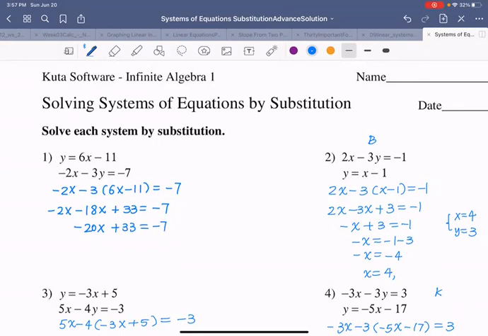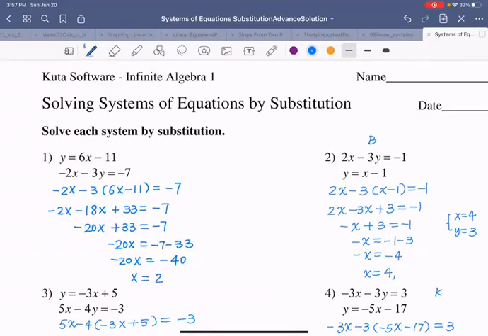Next step: negative 20x equals negative 7 minus 33, which is negative 40. So x equals 2.